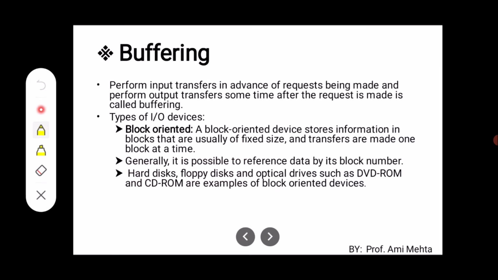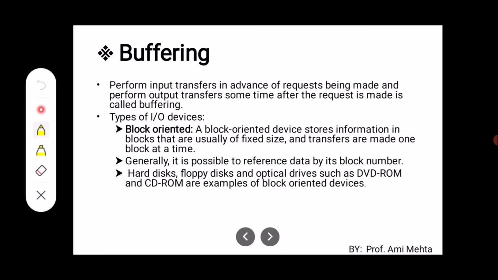Performing input transfer in advance of a request being made, and performing output transfer sometime after the request is made, is called buffering. So, basically, this is the concept of buffering: the operating system performs input transfer in advance of the request being made.